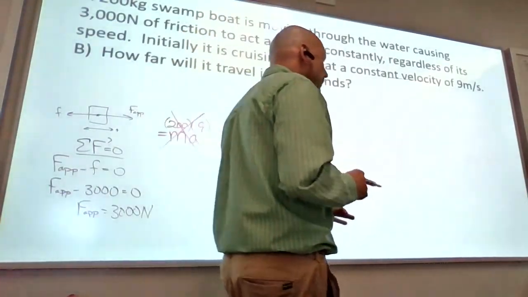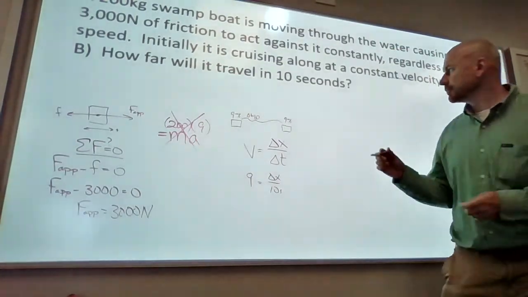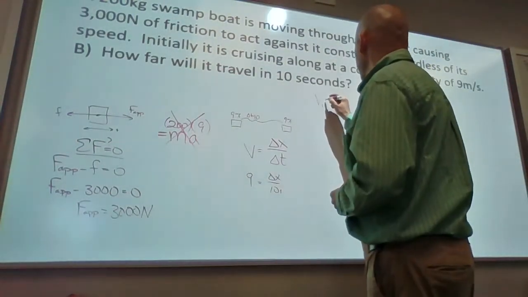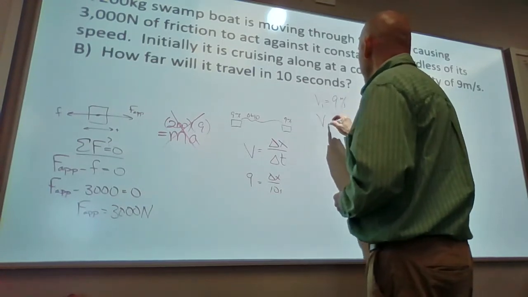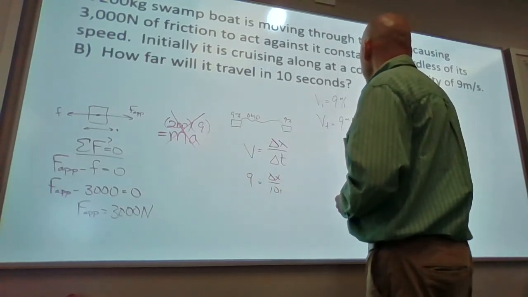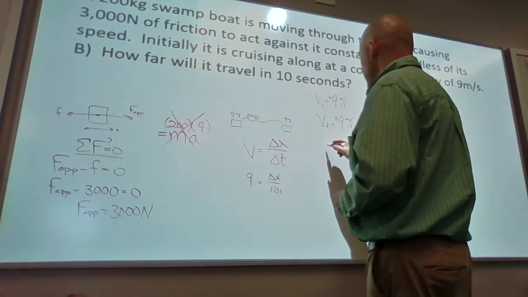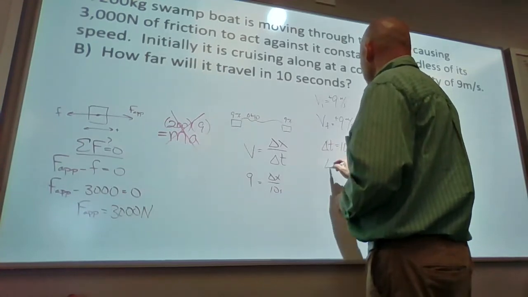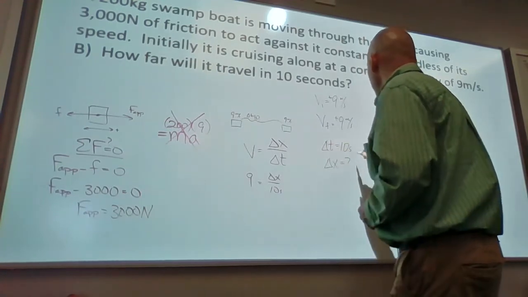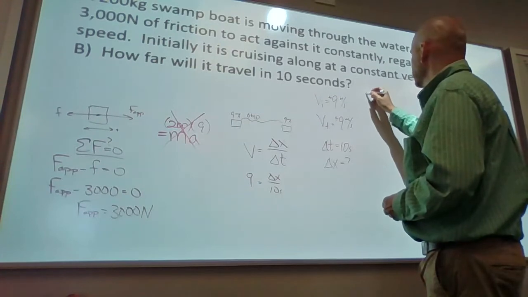Okay. Now, there are other ways you could do it. You could say initial velocity is 9 meters a second, and final velocity is 9 meters a second. Both are going in the positive direction. You have a time of 10 seconds, and you're looking for delta x, and use this equation.